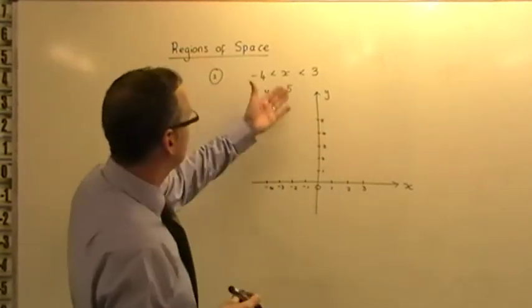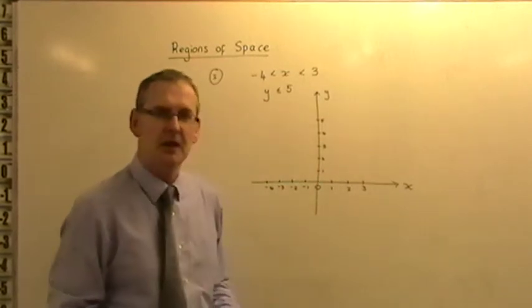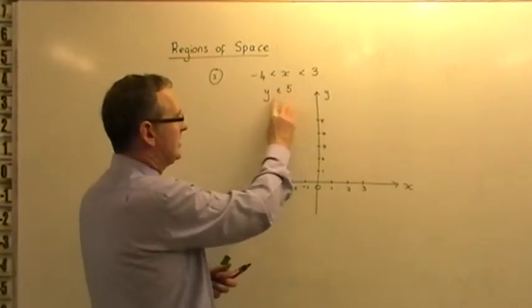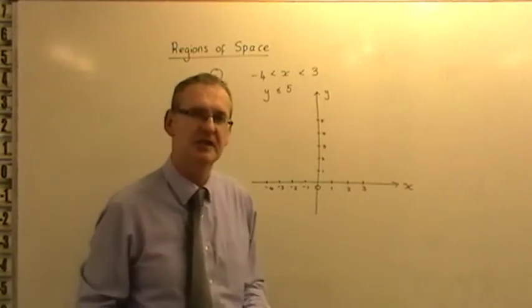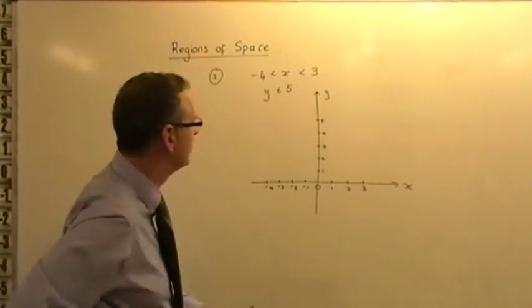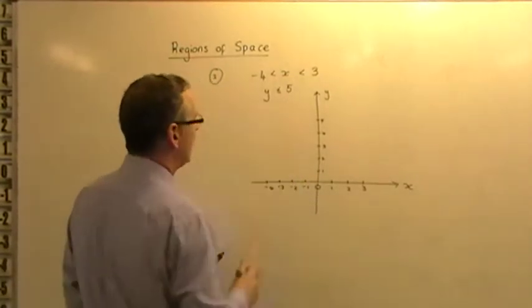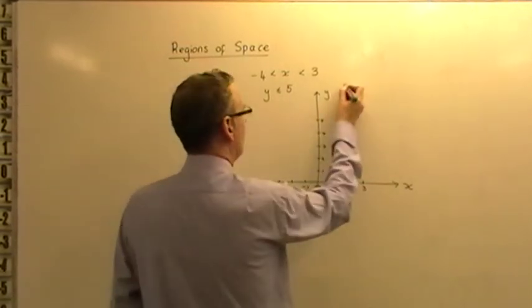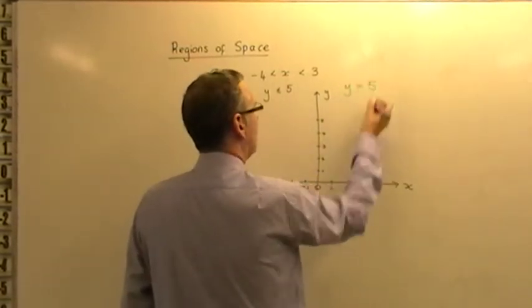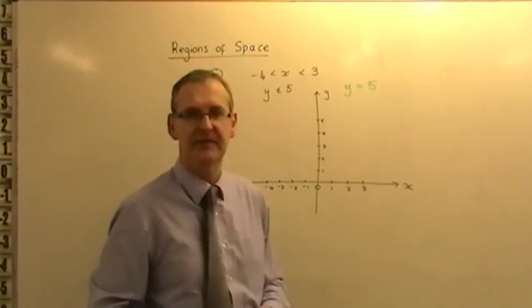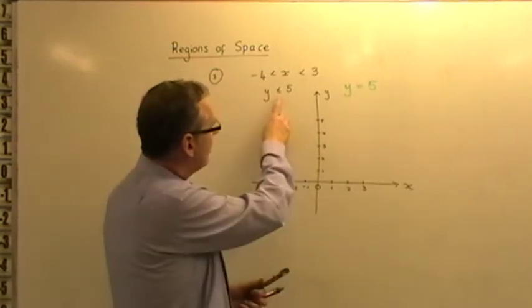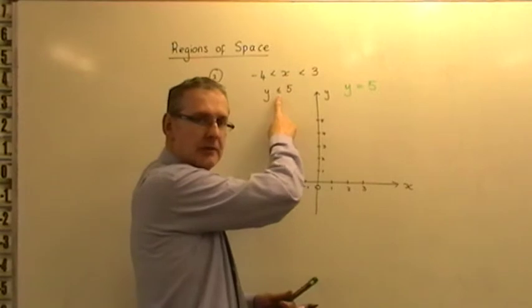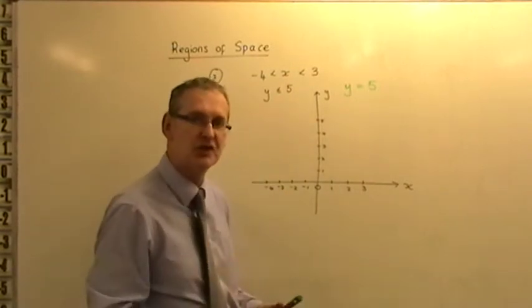Now I've got two inequalities going on here. The second of the two inequalities is very similar to the first example I did, so I'll do that one first. That is y less than or equal to 5. So that means I'm going to draw a boundary y equals 5 to begin with. And because it can be less than or equal to it, I draw the boundary solid.